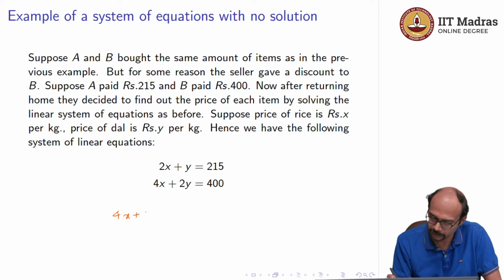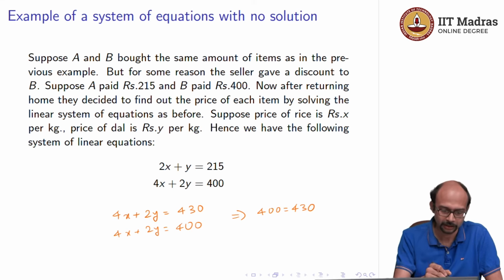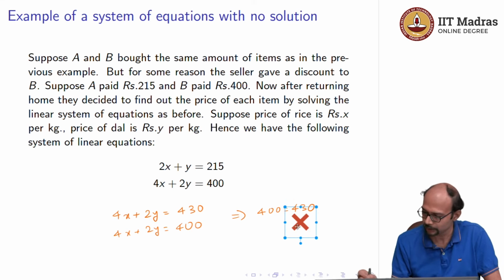If you double the first equation, you get 4x plus 2y is 430. On the other hand, the second equation says 4x plus 2y is 400. So what does that mean? That means 400 is equal to 430. So there's something really wrong.